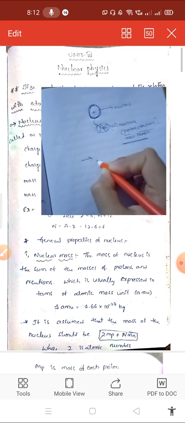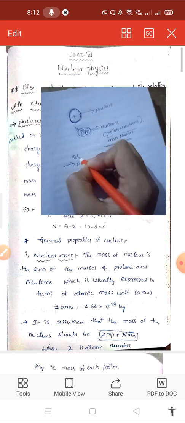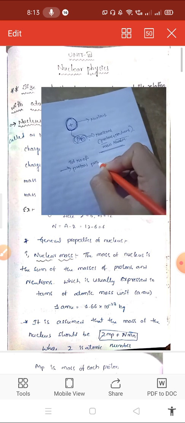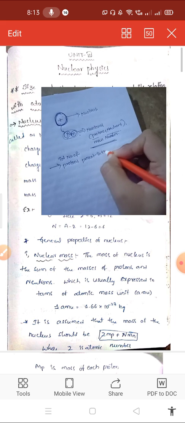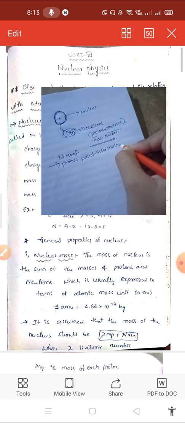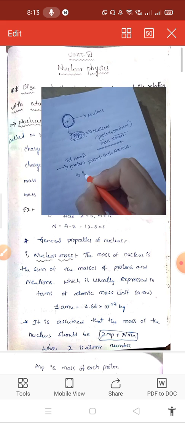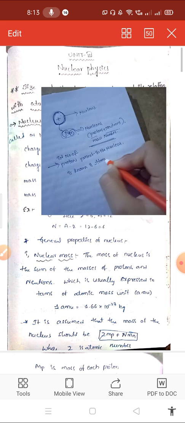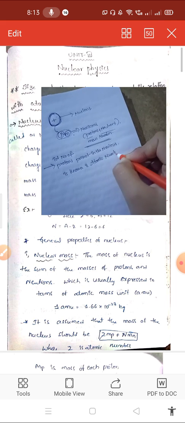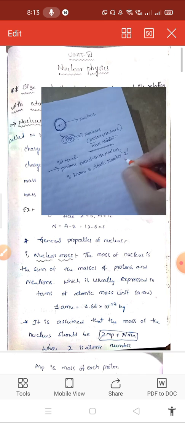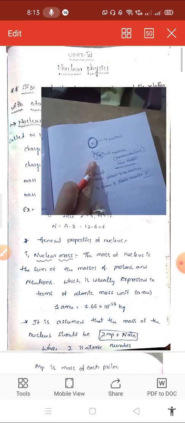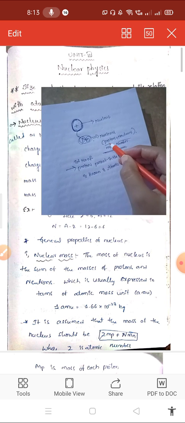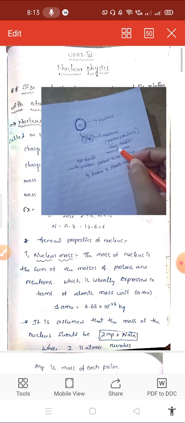Only protons. The total number of protons present in the nucleus is known as the atomic number, and the atomic number is denoted by Z. So the total number of protons present in the nucleus is known as the atomic number, and the total number of protons and neutrons is denoted by the mass number.